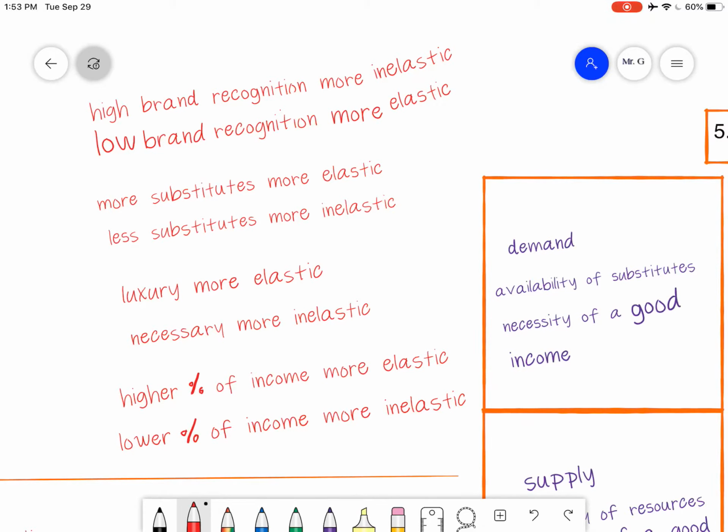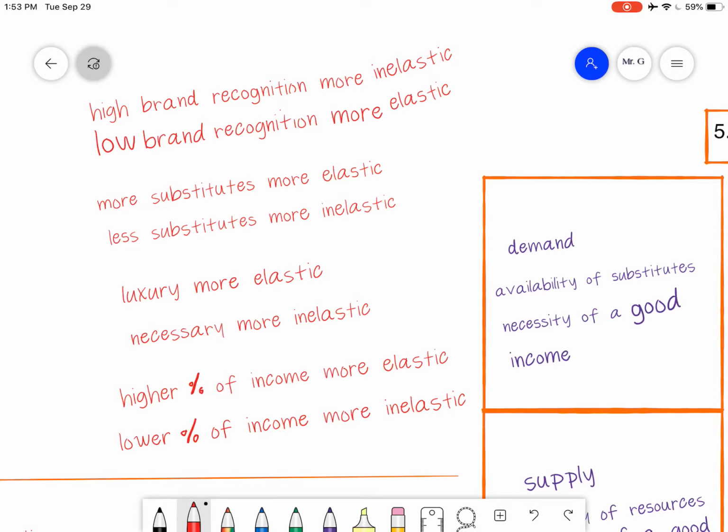If the price goes up dramatically at, say, Starbucks, well, maybe you go to another place because they have just as good coffee and you don't have to pay the higher price. So the more substitutes, the more elastic. Fewer substitutes, more inelastic. If there's only one place in town that sells coffee, you're kind of limited in what you can do. I guess you can make your own coffee, but if you want to go out for coffee, you're just stuck with the one place. Okay, fewer substitutes, more inelastic.